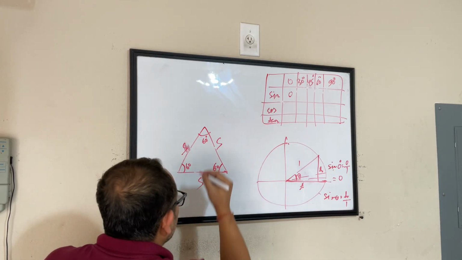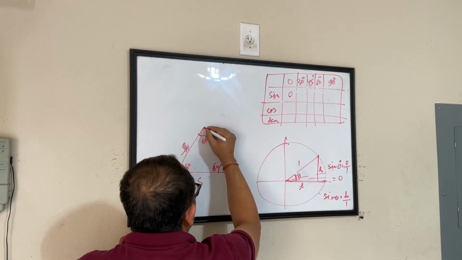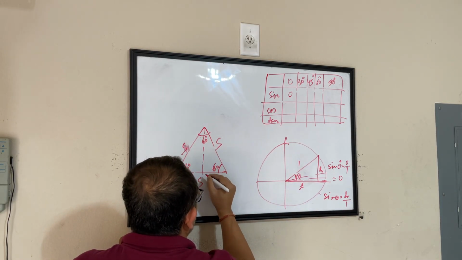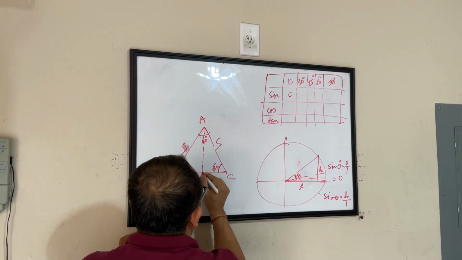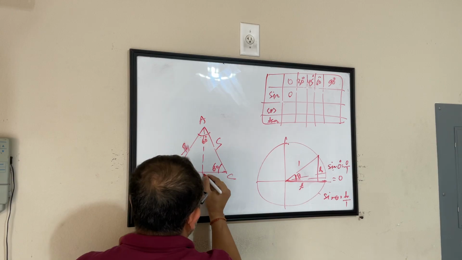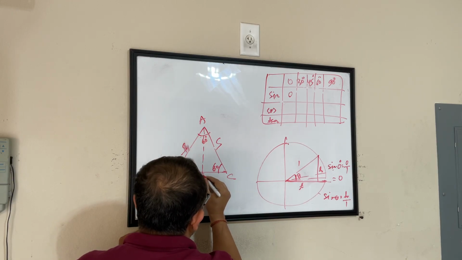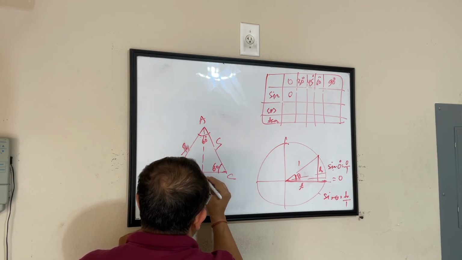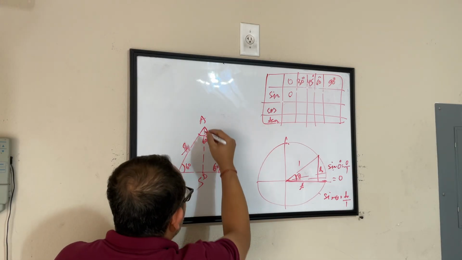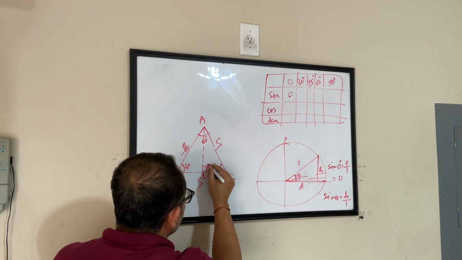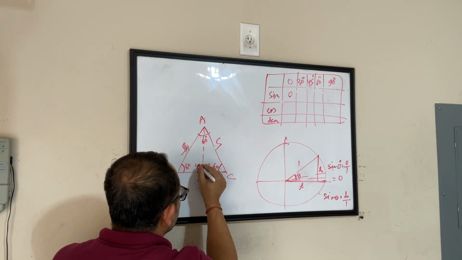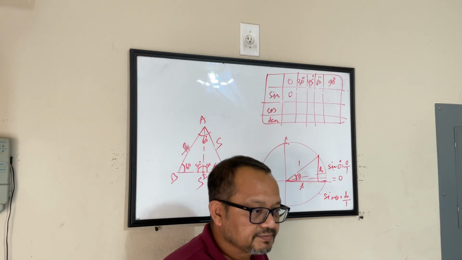Now, let me do one thing. I'll draw a perpendicular from here onto this side. So let's say this triangle was A, B and C. I dropped a perpendicular from this vertex to this place, and that became, let's say, D. When I drop a perpendicular from here to here, this angle is 90 degree and this angle is also 90 degree.